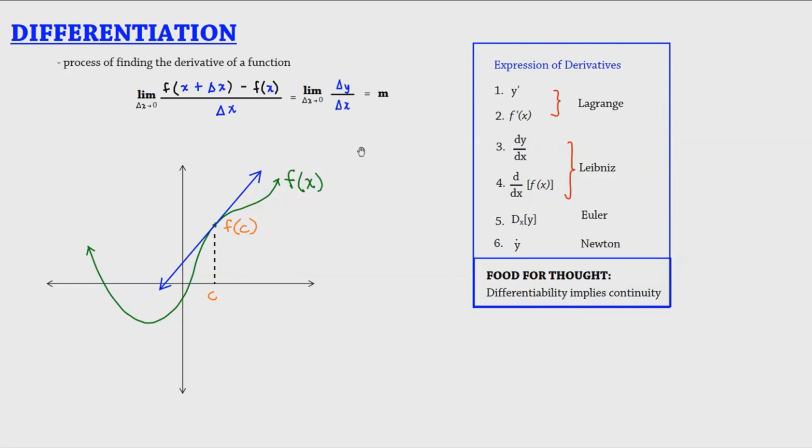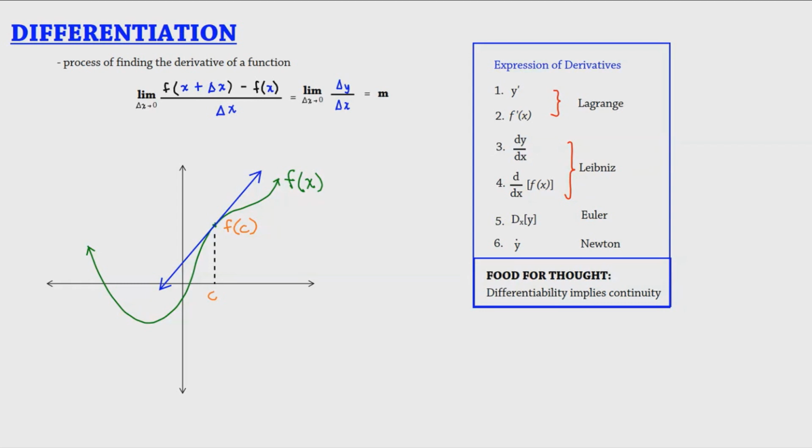With that, it can be concluded that the very basic application of differentiation, when you take the derivative of a certain function, is that you're technically finding the slope of that function at that certain point. In this case, we have this point c, f(c), and then there's this graph here, which is our equation f of x. If I wanted to take the derivative of that f of x, then this blue portion here is the derivative.